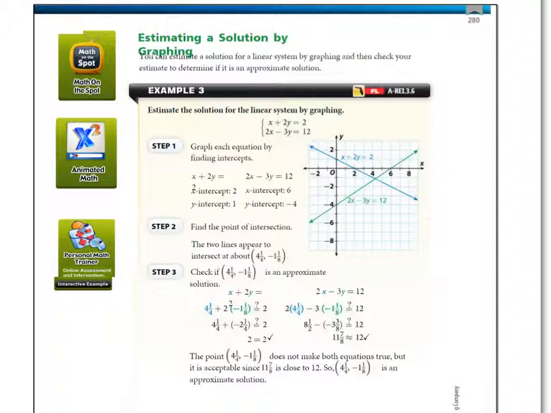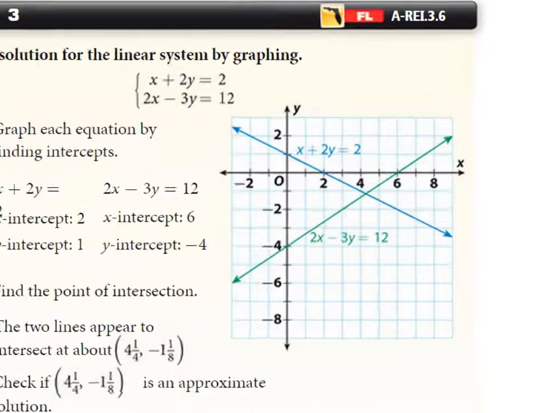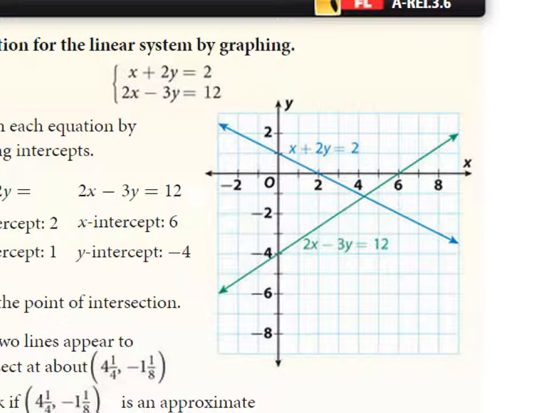But we've got the two lines here. x plus 2y equals 2 is this line, and the green line is here. So if you look very closely, you'll notice that their point of intersection is not quite in an easily labeled ordered pair. So we have to estimate.